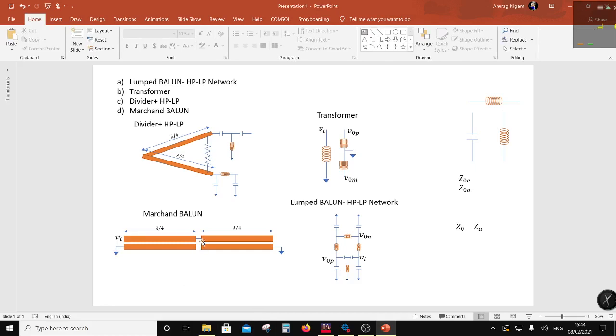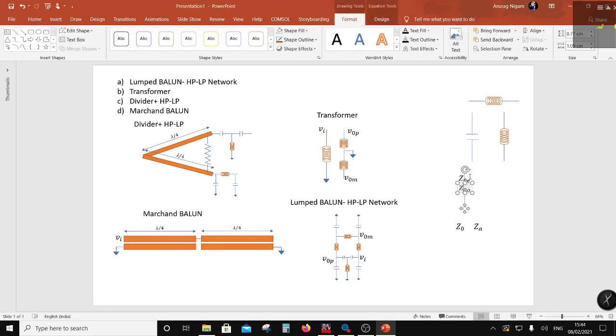Now the issue is the impedance ZO is 50 ohm, for example.